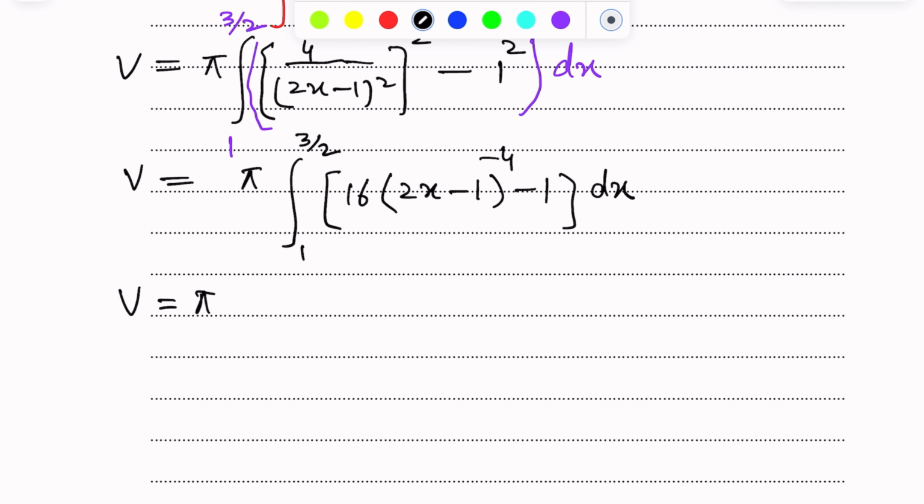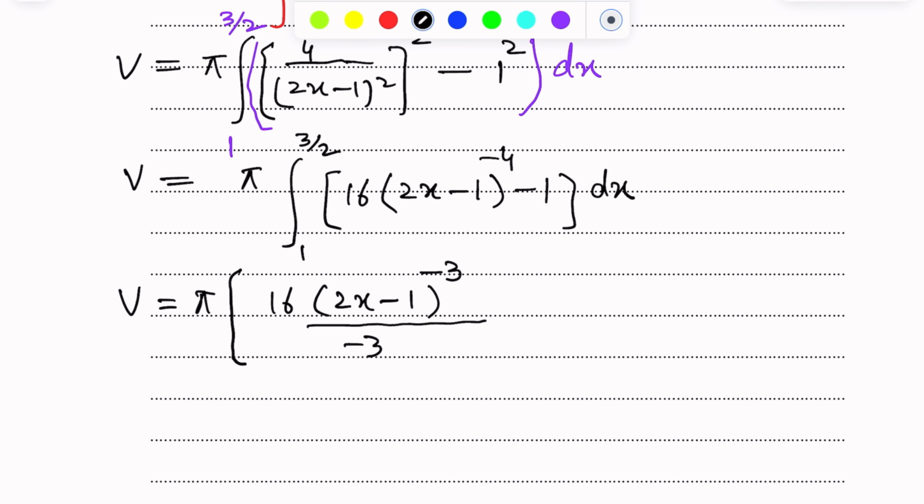Pi remains as such. Integration of first term will be 16 into (2x minus 1). We will add 1 in the power, that will become minus 3, and same will be written in the denominator.